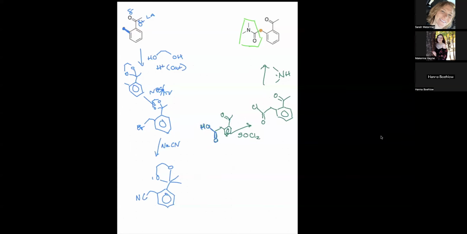Then when we do our H3O plus, it's just going to get rid of everything and give us all of that back. It's going to remove the protecting group and give us the carboxylic acid on the end.